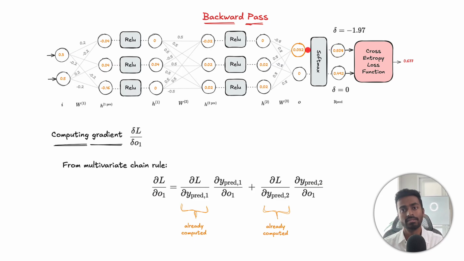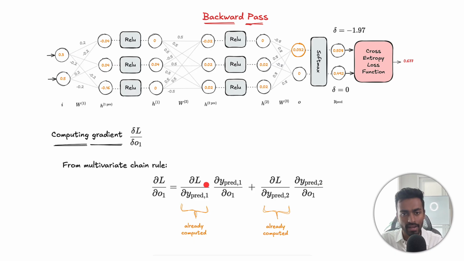But since it's affected not only in this one path, but also in this other path, we do the same for the second neuron. How much does this change affect the loss? You multiply it by how much this change affects this neuron here. And then we sum their influences. That's exactly what this chain rule is doing. So let's actually walk through the computation.